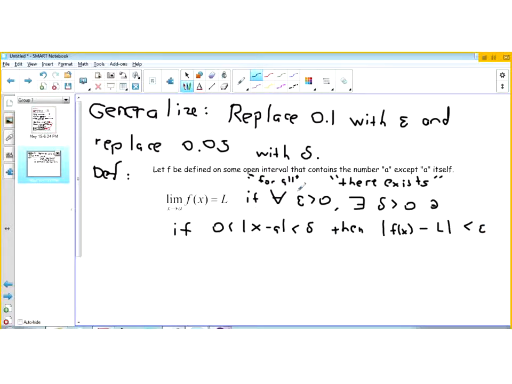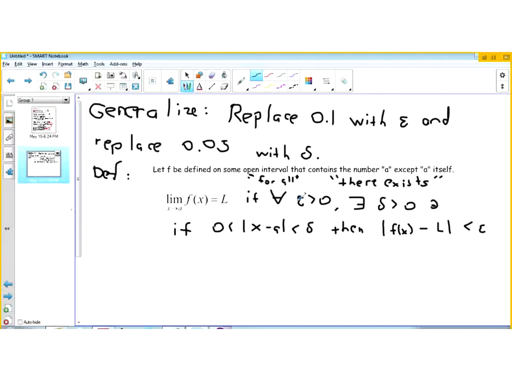Okay, so if we can show this, what it means is if we can take any positive number on the y-axis and call it epsilon, and with that positive y number, we can find a corresponding x value that we call delta on the positive x-axis.